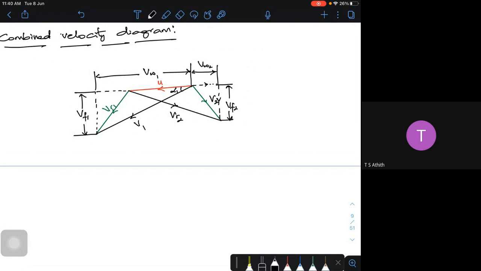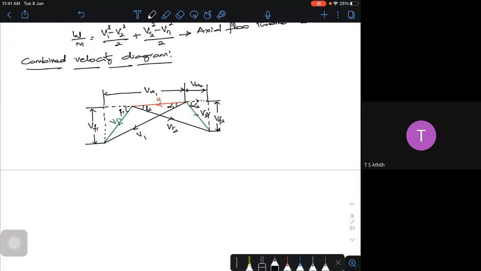The angle made by V2 will be alpha 2. The angle made by VR1 will be beta 1. The angle made by VR2 will be beta 2. So like this, I can have a single combined velocity triangle showing all the components of the vectors in the velocity diagram.